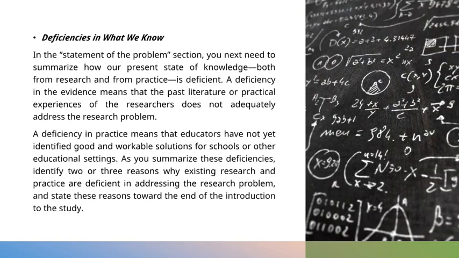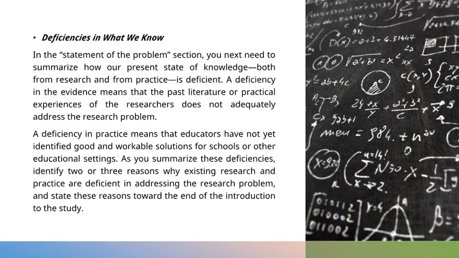Deficiencies in what we know. In the statement of the problem section, you next need to summarize how our present state of knowledge, both from research and from practice, is deficient. A deficiency in the evidence means that the past literature or practical experiences of the researchers does not adequately address the research problem.